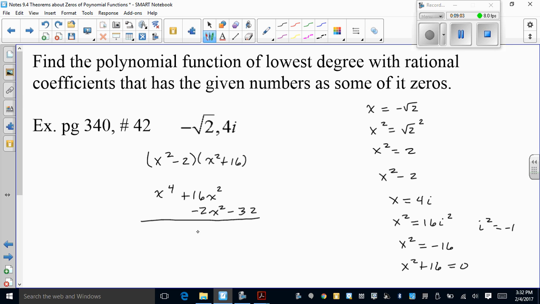So we have x to the fourth plus 14x squared minus 32. And there you guys go. Oops, I forgot my f of x in front. And there you go. So that you can see how it is mixing the two together.